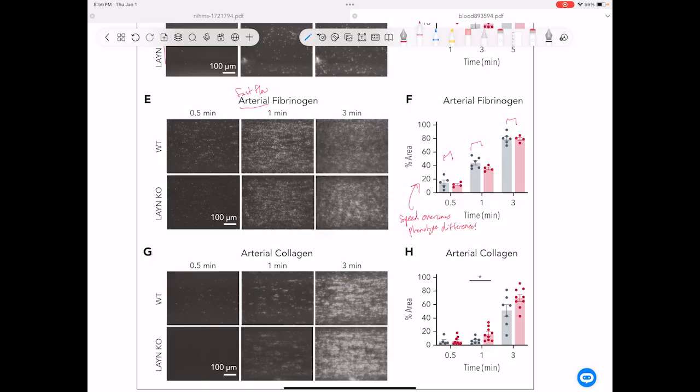And then again, we have our arterial collagen, and we actually saw a little difference here. This was interesting. There was a difference. We just didn't know how to pursue it with all of our preceding data and the data that comes after this.